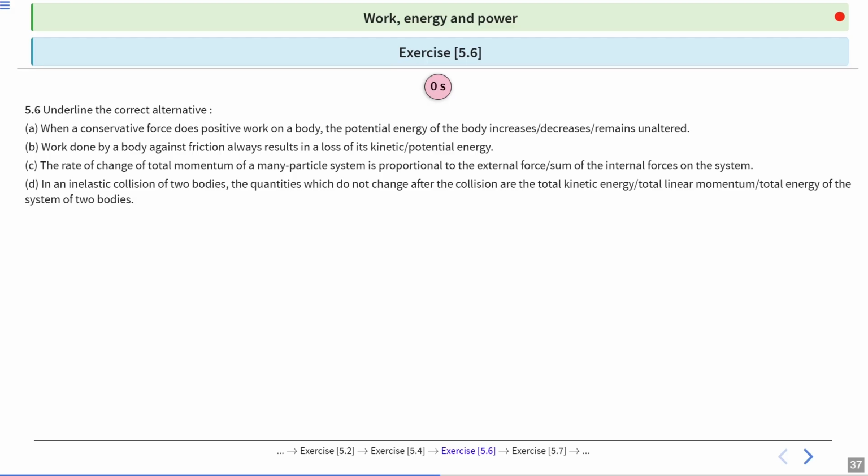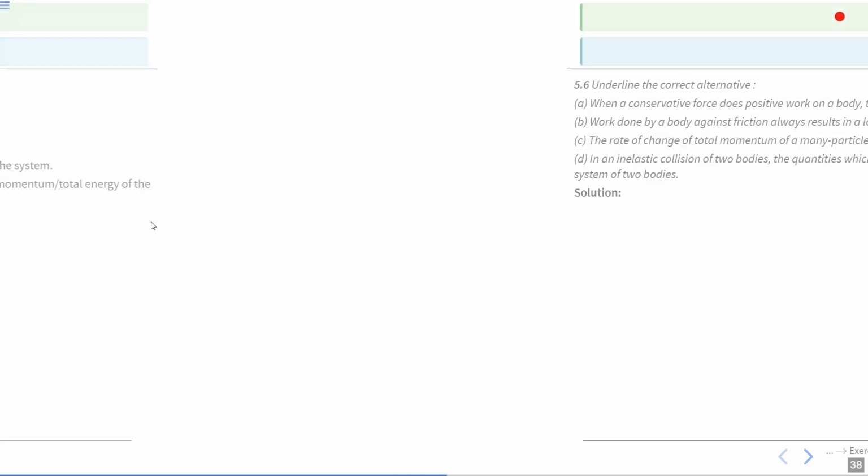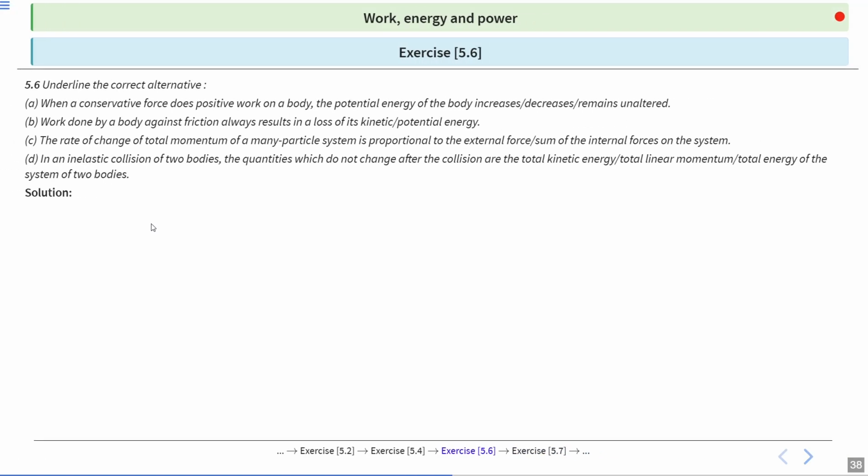Let's see the solution of this question. If we talk about A, the answer is decreases.